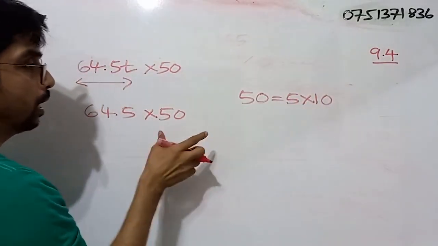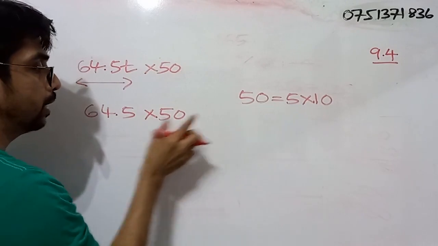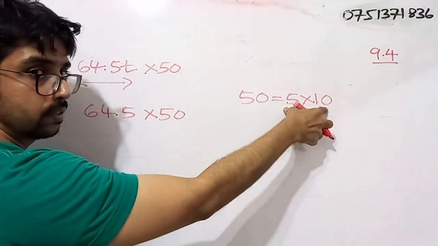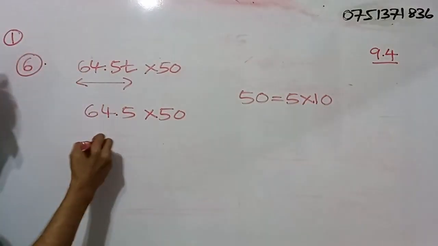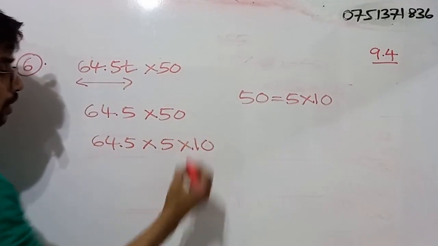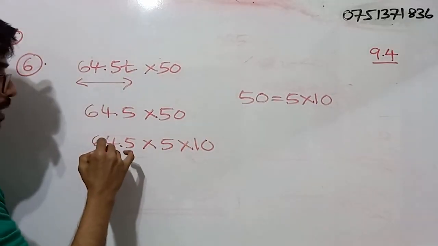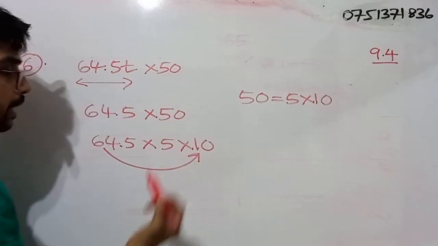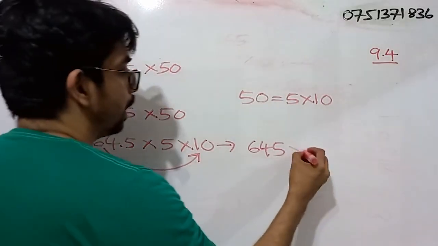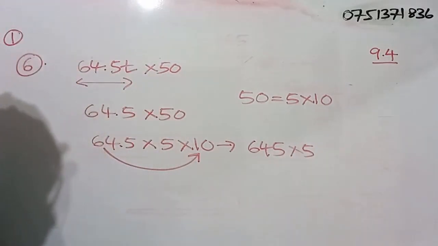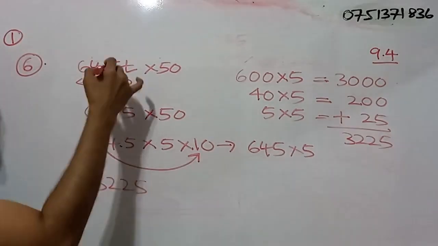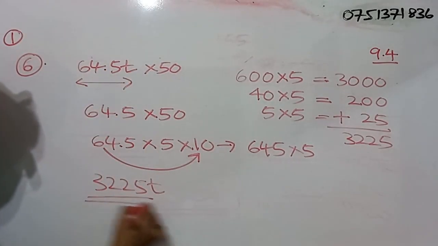So we will write 50 as 5 into 10. 64.5 into 5 into 10. Now multiply 64.5 by 10. So this becomes 645. Then multiply 645 by 5. So here the answer is 3225. Now these are tons.